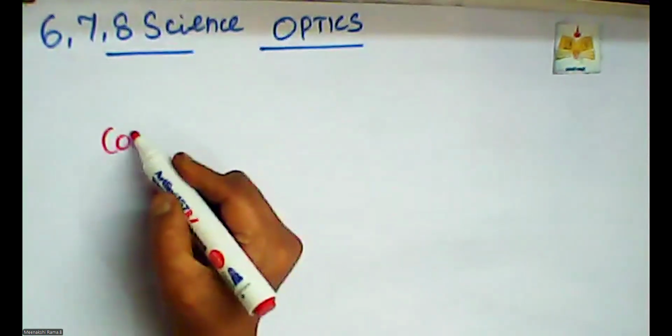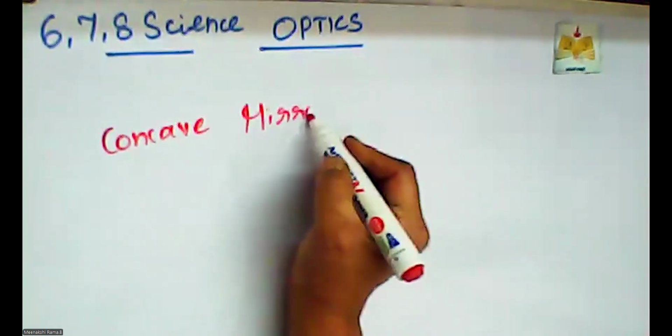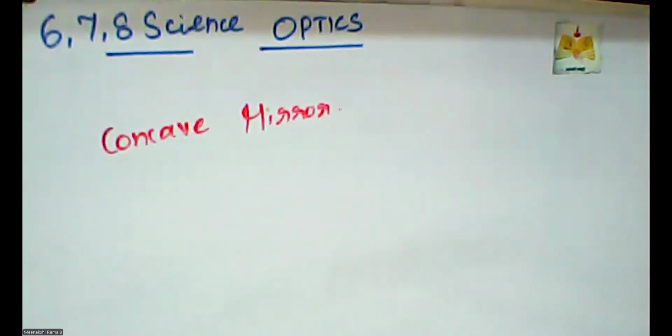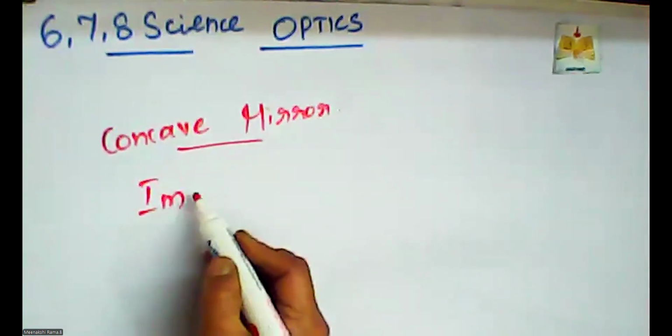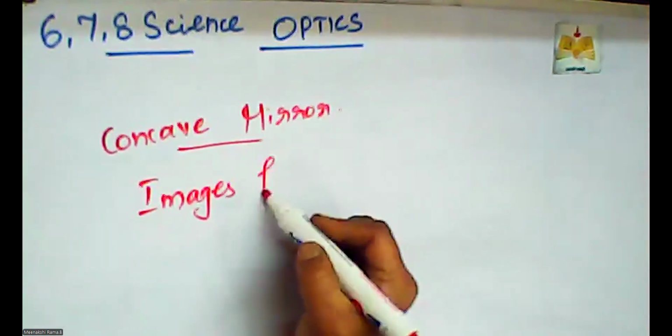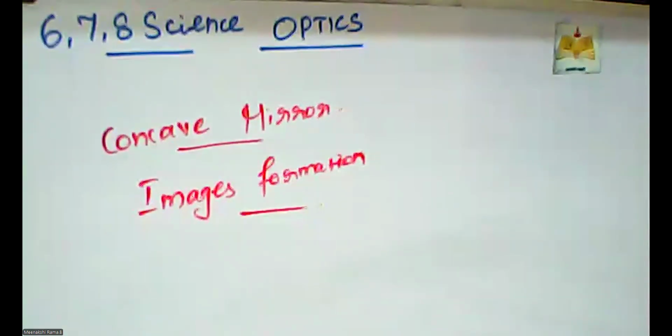There are two kinds of mirror: one is concave and the other is convex. First, we are going to see the images formed in a concave mirror. Depending on the object's position, size and nature, the ray diagram differs in a concave mirror.